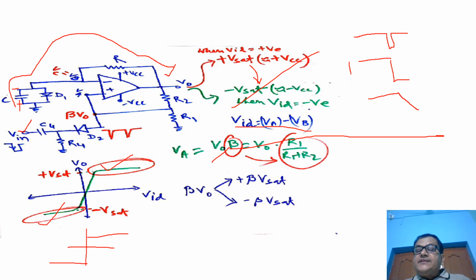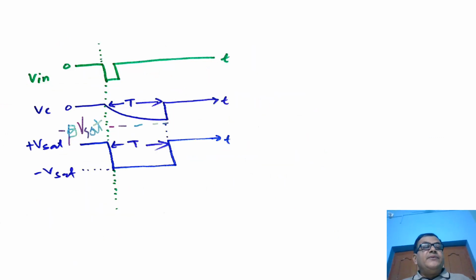Okay, let us move to next slide. See here, we can observe what changes are going on with the application of this input voltage V in, that is nothing but our triggering pulse, the negative going triggering pulse.